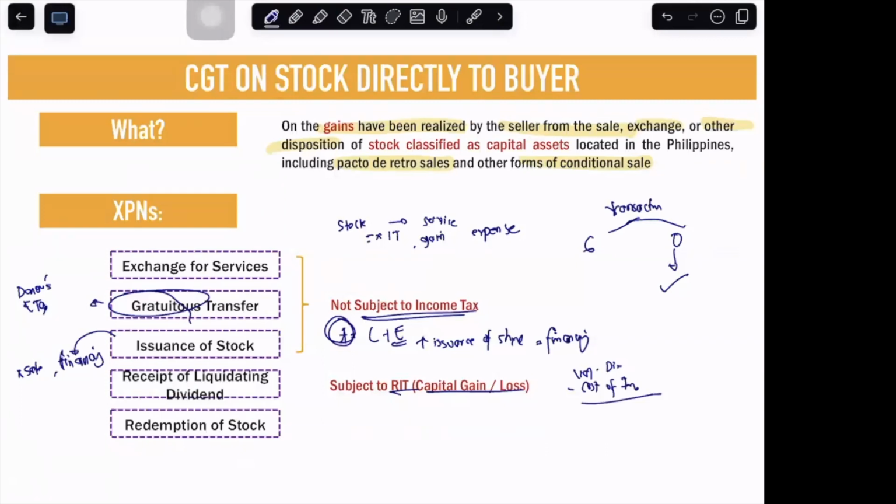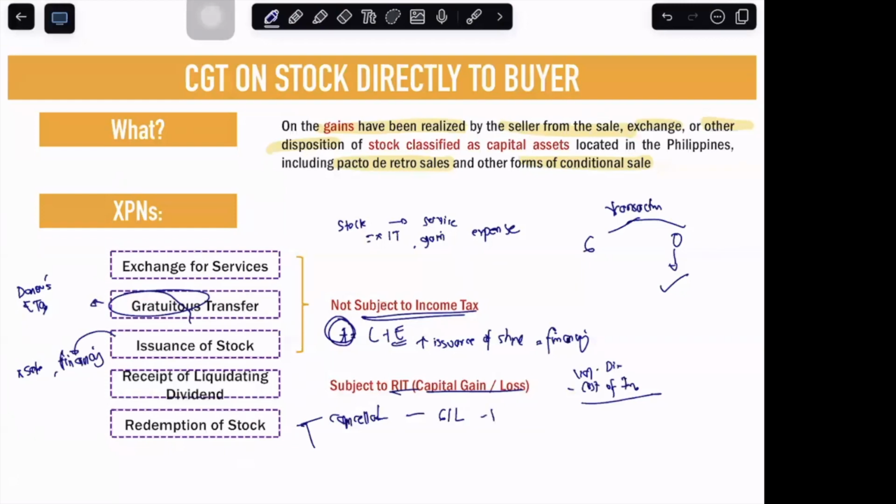Next, we have your redemption of stock or buyback shares. For buyback shares, if that is purely for cancellation, there is a gain or loss.